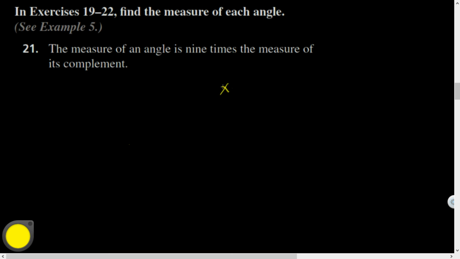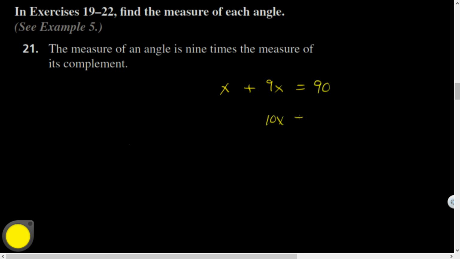So if my angle is x degrees, the measure of my first angle was 9 times the complement. So my angle was 9x, the other angle was x. Or I could have said my angle was x and the other angle was 1/9 of x. But either way, they are complementary, so they add up to 90 degrees.